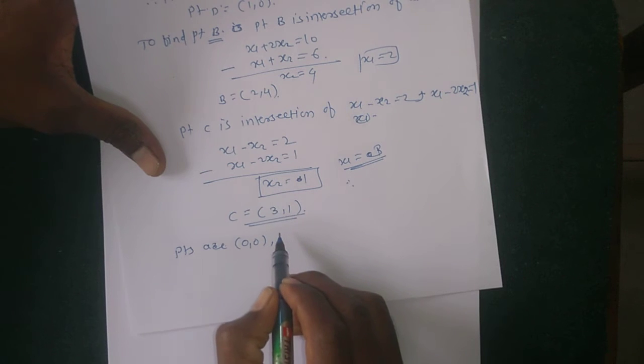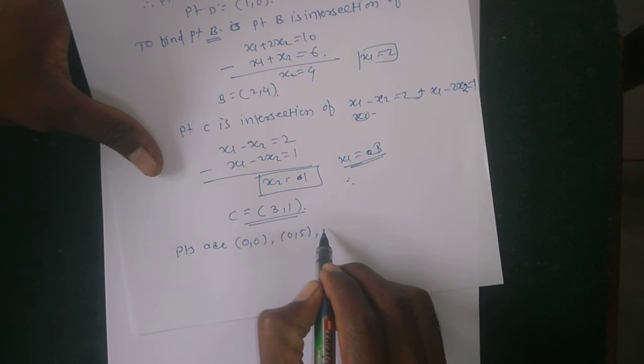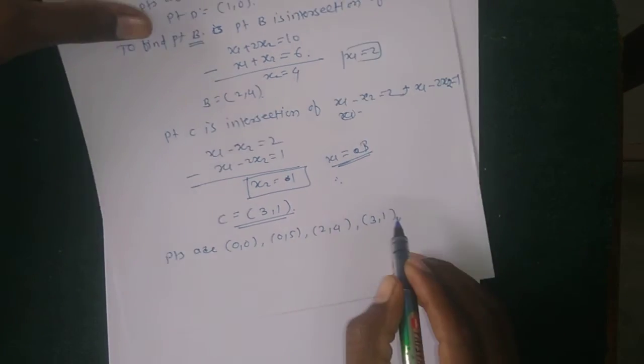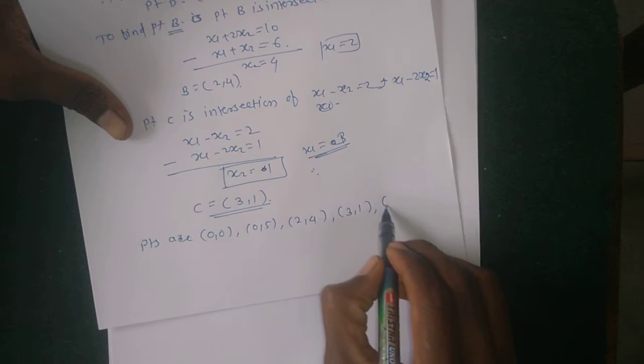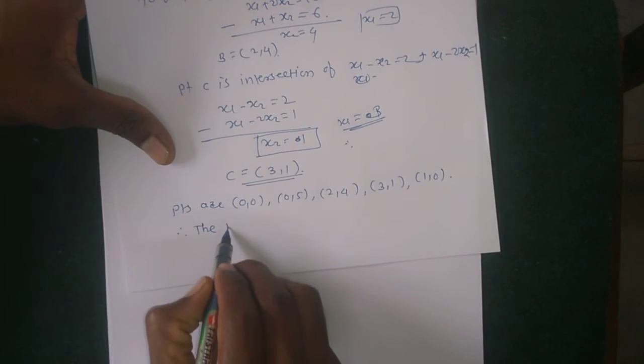Therefore the points are O (0, 0), A (0, 5), B (2, 4), C (3, 1), and D (1, 0).